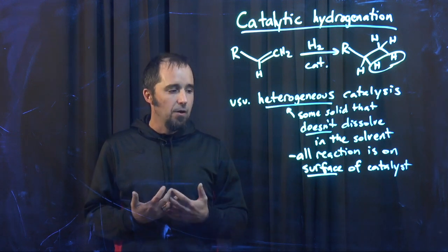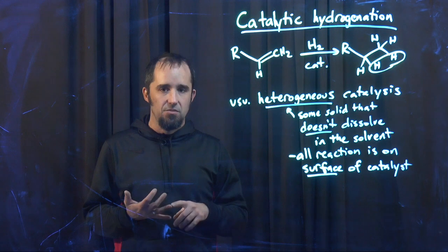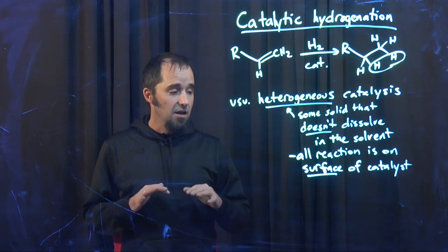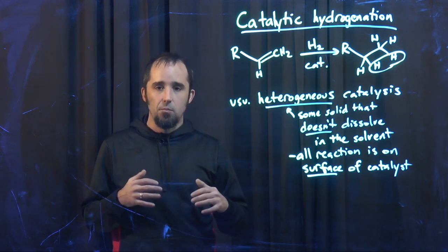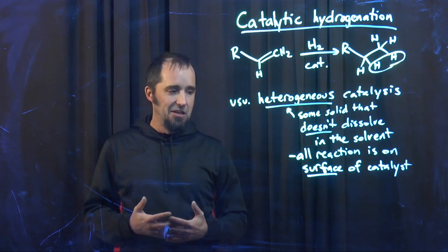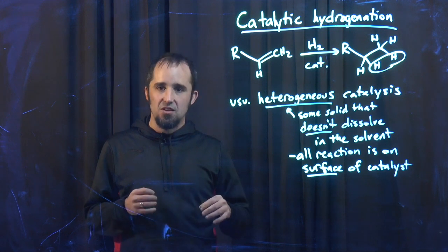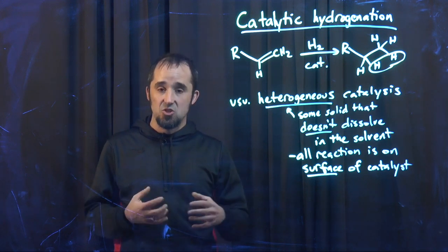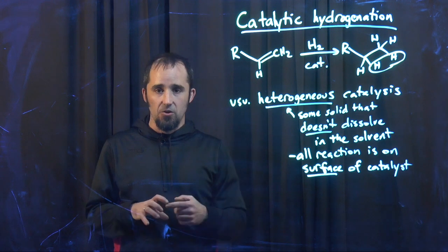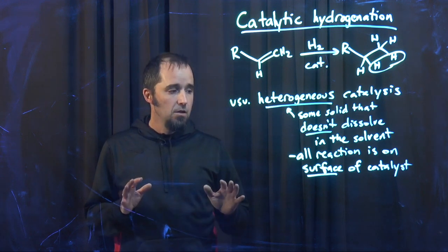The Park Place of the periodic table, your palladiums, your rhodiums, your platinums. And you can't afford to put a brick of platinum in your Chevy or your Corolla. So you just put a little bit on the surface of this brick and put all your exhaust through that. Okay.